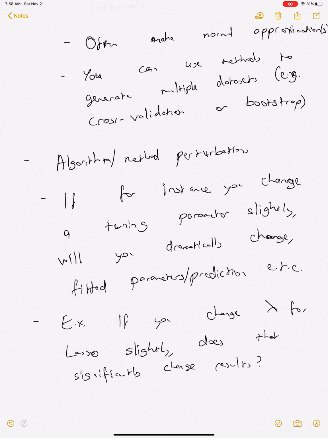Because if it does, then that's a bit of a red flag that you're very sensitive to the model choices you make, and your conclusions are not overly valid. But if you are robust or stable under these perturbations, if you made a different design choice and got the same conclusion, then there's more evidence that you can trust the results that you have.